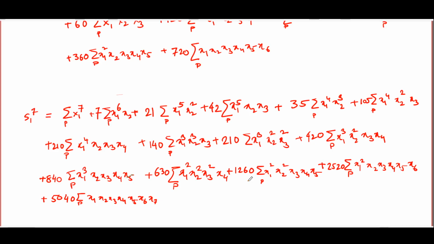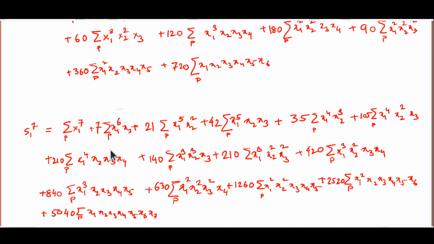These numbers 1, 7, 21, 42, 35, 105, 210, 140, 210 again, 420, 840, 630, 1260, 2520 and 5040 will all form the very first column of my compound character table.